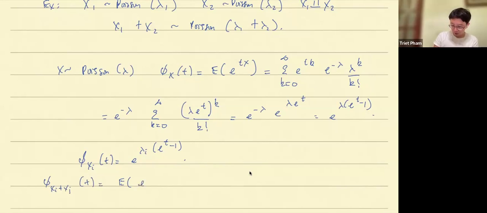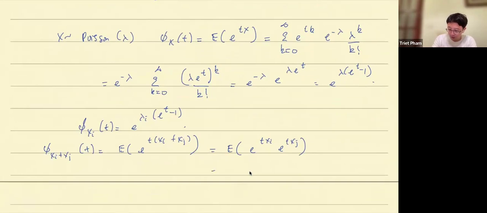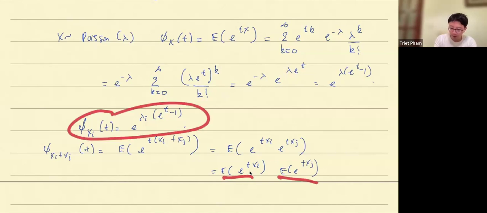So we do the same thing by definition, but the exponential of a sum is the product of exponentials. And random variables being independent means that you can split the expectation. But these are nothing but the moment-generating functions of the individuals.